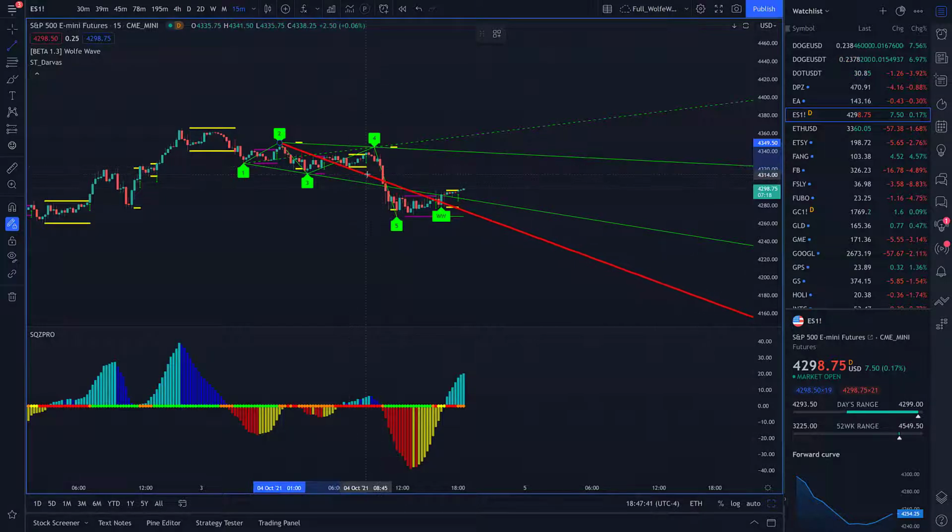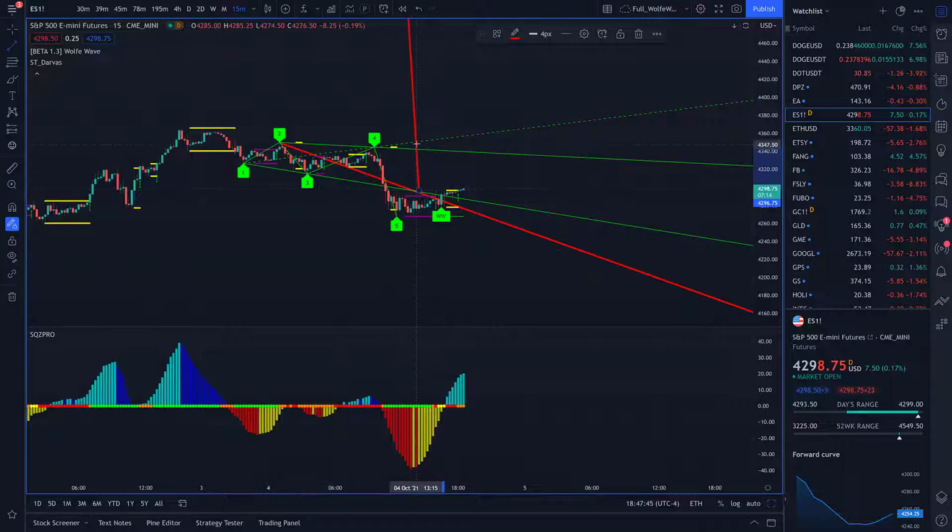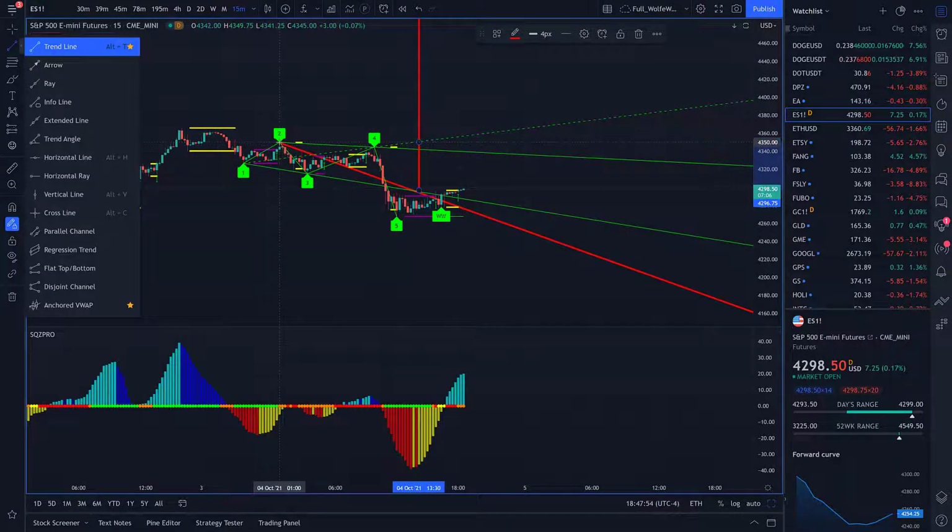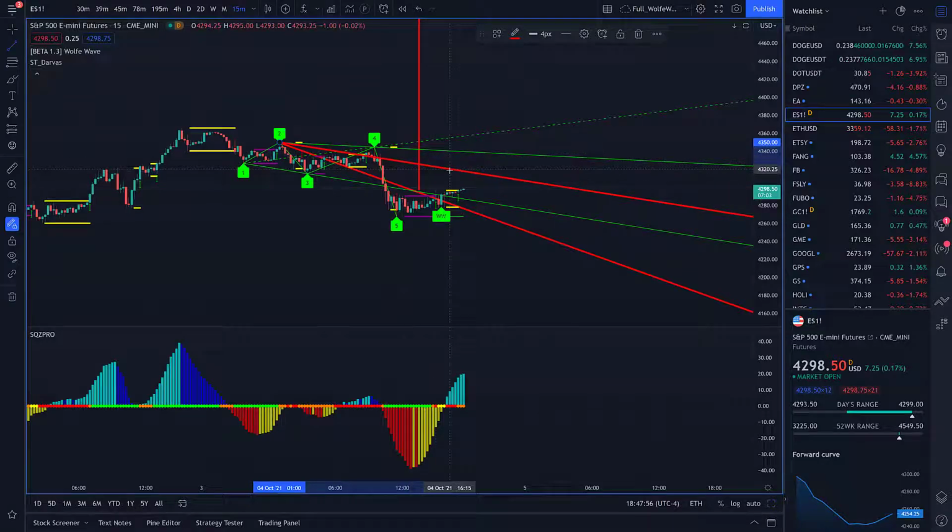So if we create this level of support right here, that's not going to work because the apex would be formed here, and the target would be expected to already be reached, but it didn't. So we have to find another apex using this, maybe that one. No. Well, that's the only one.